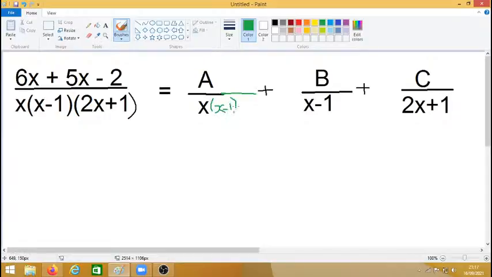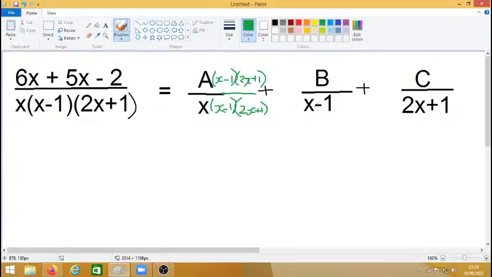But whatever you do to the bottom, whatever you times the bottom by, you have to times the top as well. So it's not a surprise if you'll see now that I'm going to write the same x minus 1 times the same 2x plus 1 on the top as well. Remember, all three fractions have to have the same denominator.